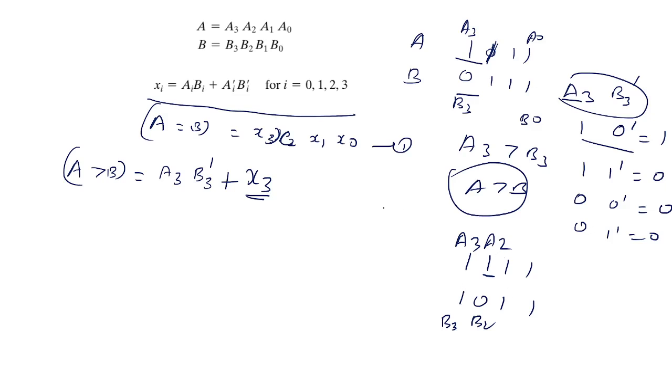A2 should be greater than B2. I am using the same equation, A2 B2 prime. If A2 is 1 and B2 is 0, definitely A is greater than B. No need to check the remaining 2 bits. So how will it satisfy this? A2 is 1 and B2 is 0, output will be 1. For all other cases, output will be 0.